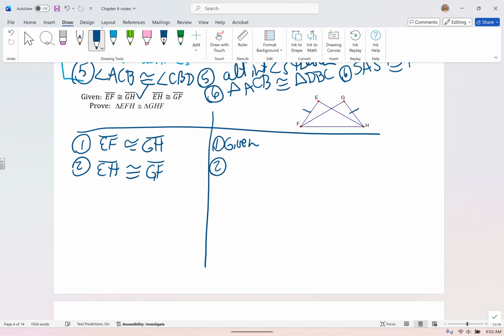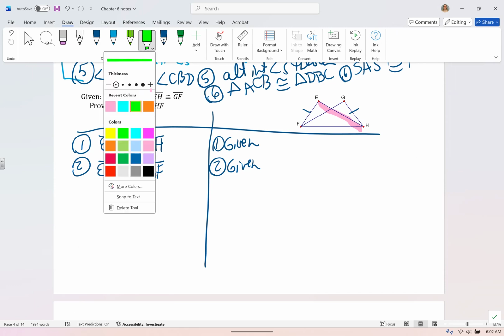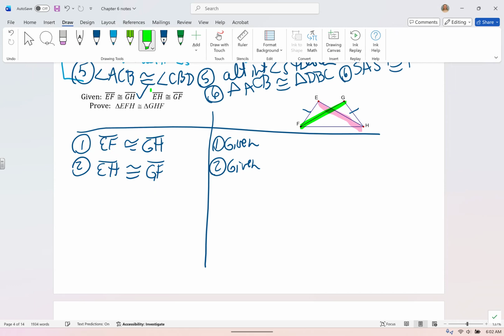It's also given. So that would be this one right here is congruent to this one right here. Okay, so those 2 are congruent to each other, and it's given. It's a little hard to mark that, but we've got that. So we've got 2 sides that are congruent to each other. Now, the thing is this, they don't give us anything else. So what do we do?